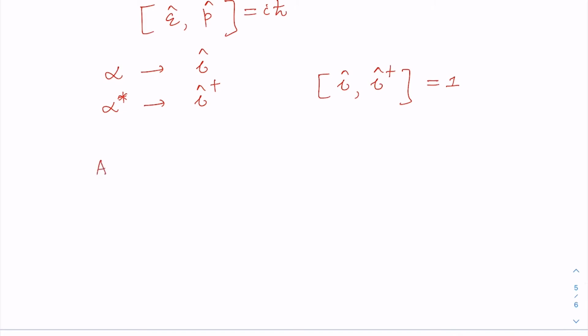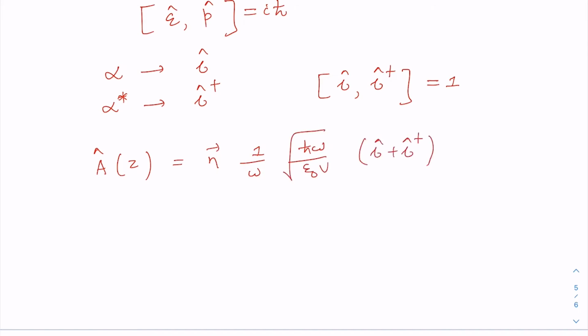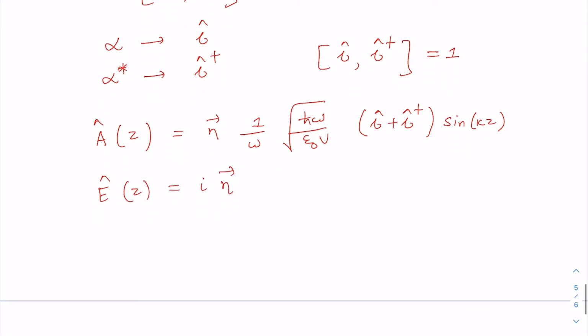So for the standing wave, I can write the operator A of z as 1 by omega times the square root of h cross omega by epsilon 0 v, times b plus b dagger, times sine kz, and for the electric field I have i times the square root of h cross omega by epsilon 0 v, times b minus b dagger, times sine kz.